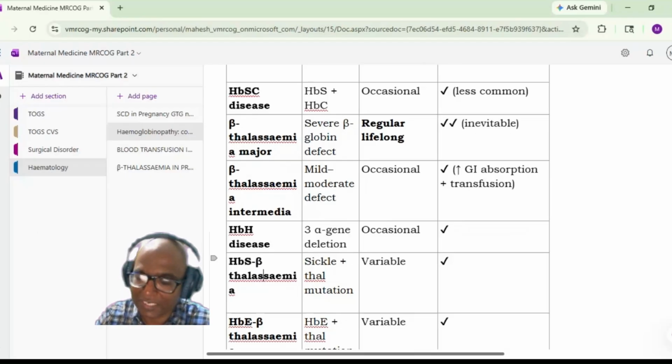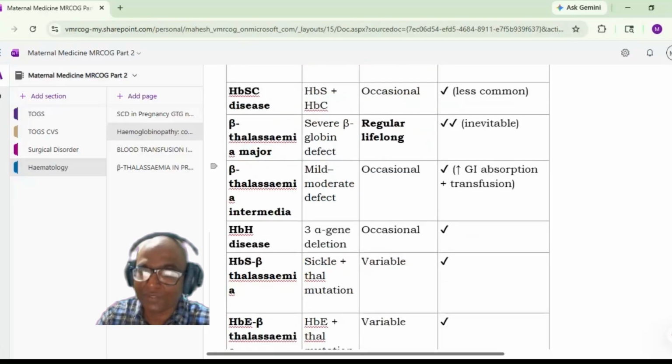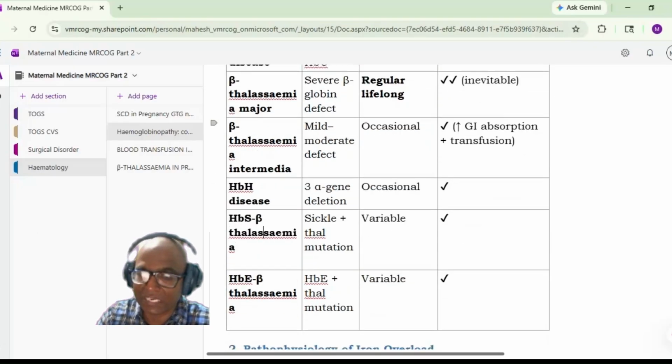If it is homozygous and having beta thalassemia, that will be the maximum risk, while sickle cell homozygous will require intermittent transfusion. The risk will depend upon the number of transfusions, but regular and lifelong transfusion will definitely be required for beta thalassemia. While sickle cell patients will require it in acute conditions like an acute stroke or acute crisis. So not like beta thalassemia major.